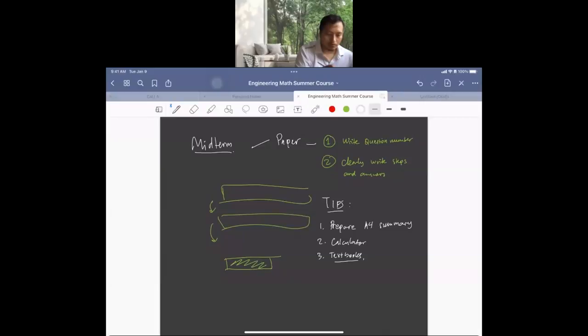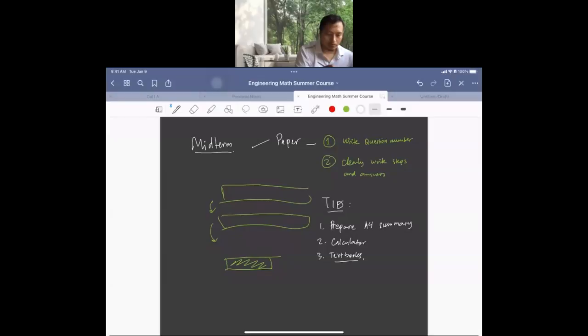Okay, I think those are the tips that I can give you. What else do we have? Yes, of course. In the midterm, you can use summaries, calculators, and books if you have books.